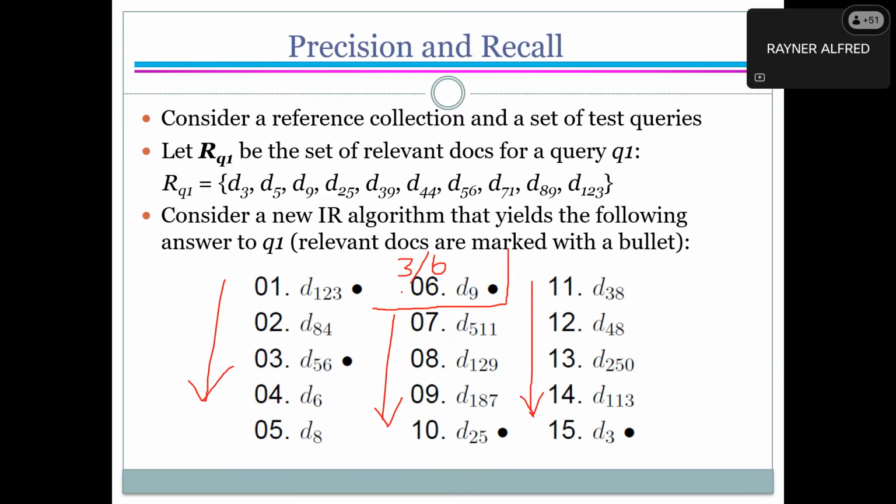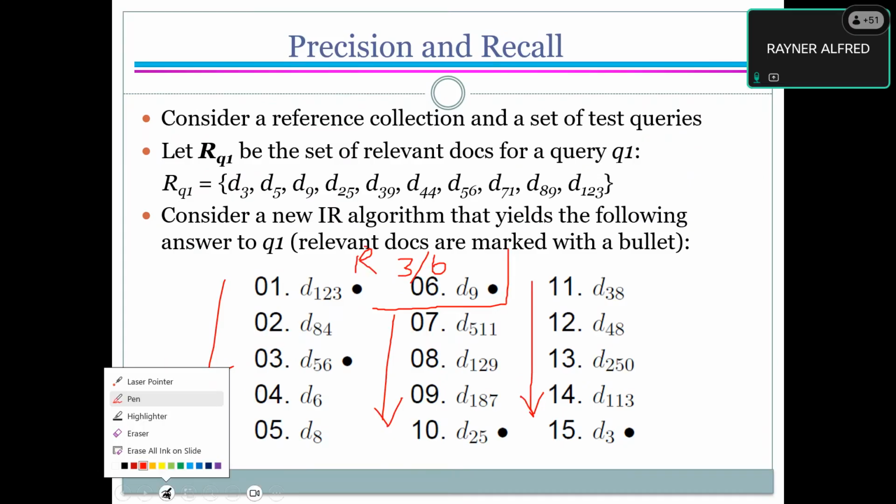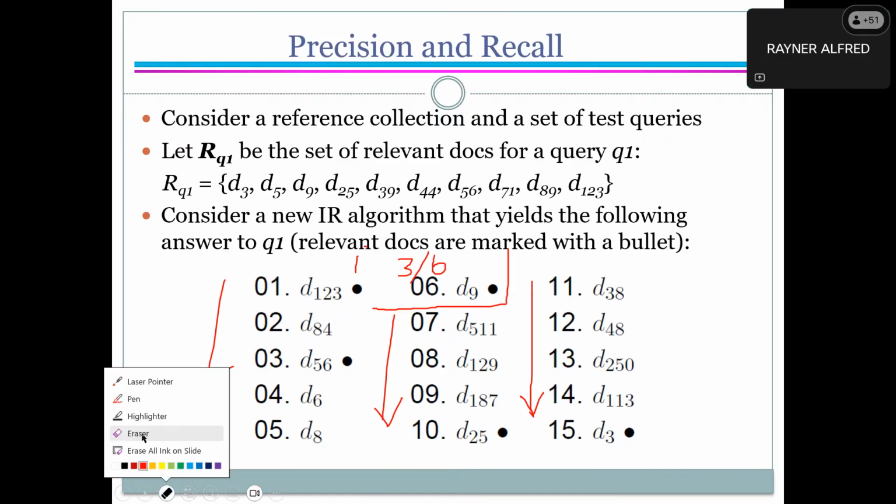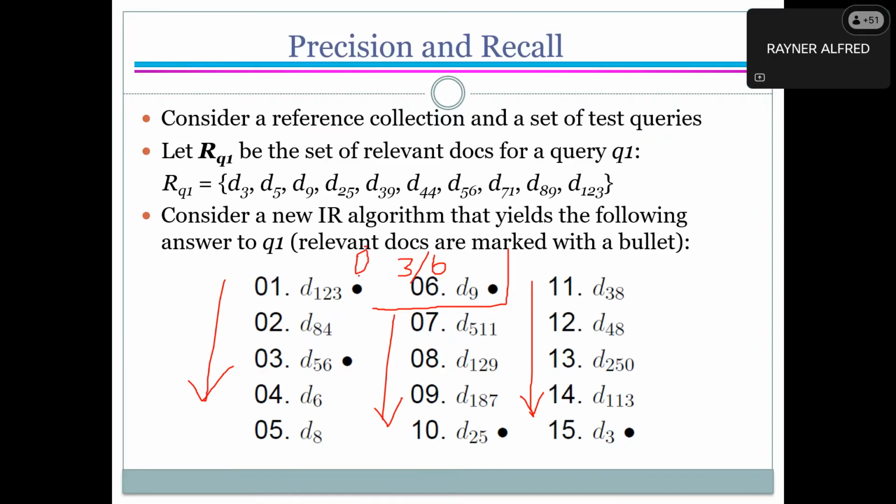Okay. And what is the recall? Okay, so recall is 3 over 10. Very good. Recall is 3 over 10.